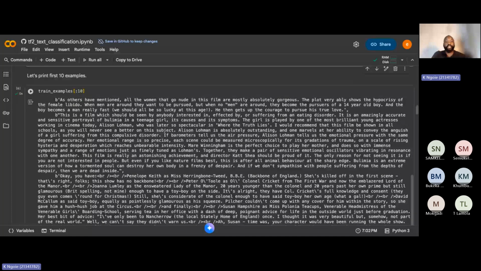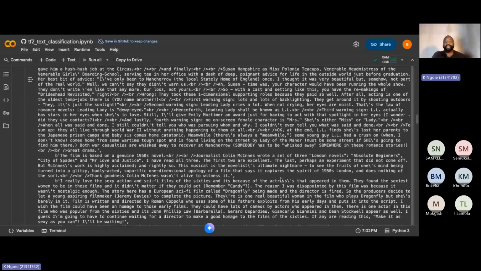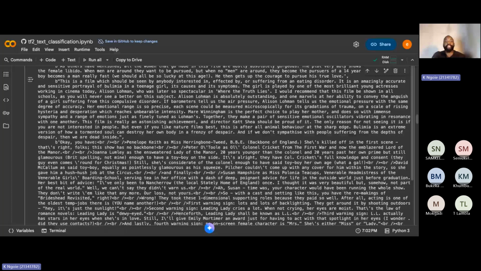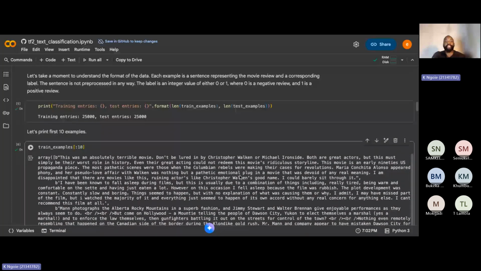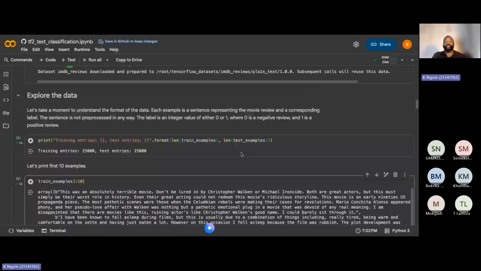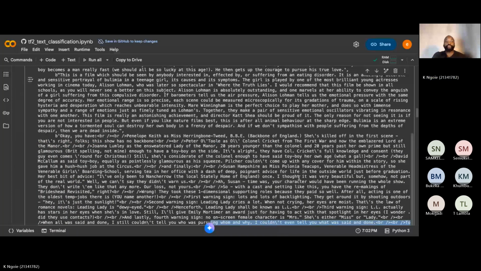Okay, so these are the sentences. As you can see, there are so many sentences, about 50,000. Here we're just going to print about 10 of them. So these are the data. All these sentences are going to be put into the system.